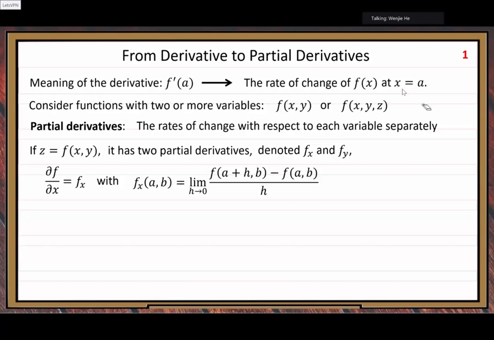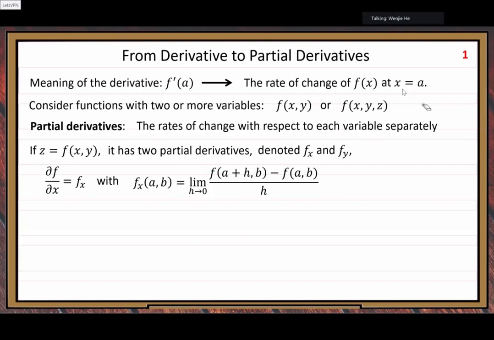For the partial derivative with respect to the first variable, we use a definition similar to the ordinary derivative. Here you can see the second variable, b, we just treat as a constant. We only change the first variable part.